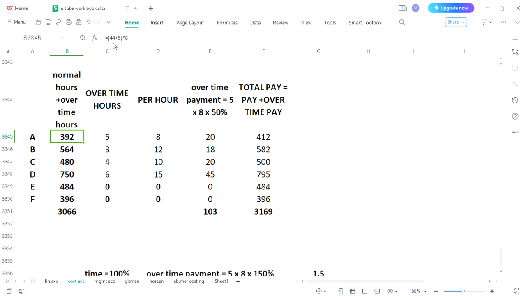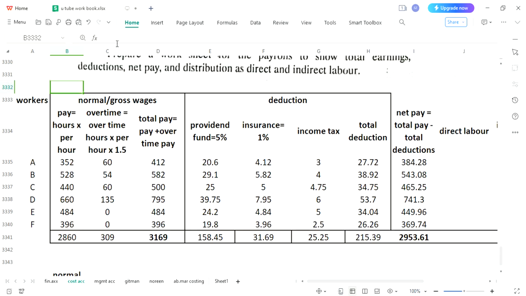Now please keep your focus over here. In second phase or second method of calculation, 5 overtime hours were included in normal hours. In first method, you haven't included, look at here, only 44.